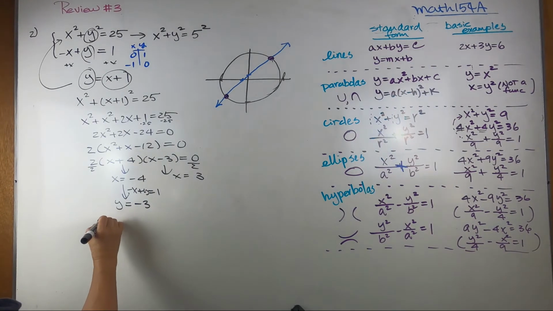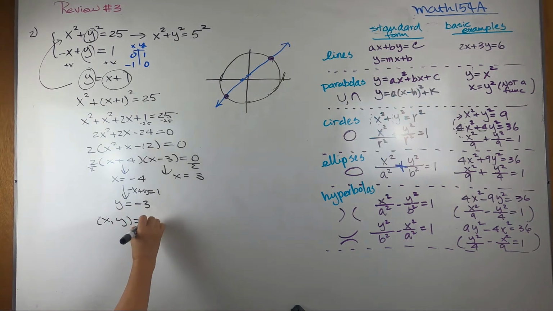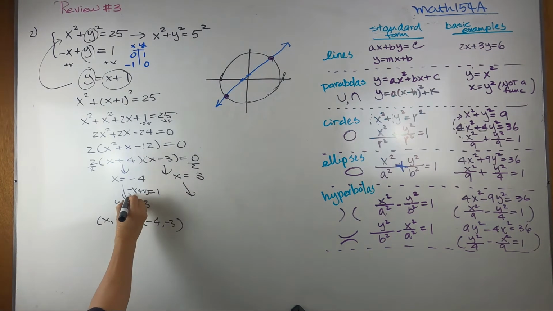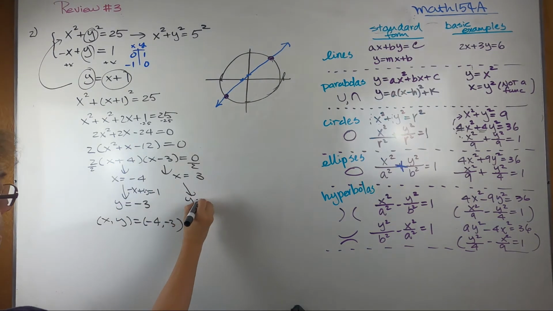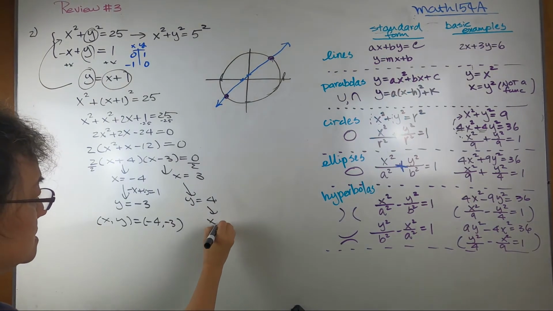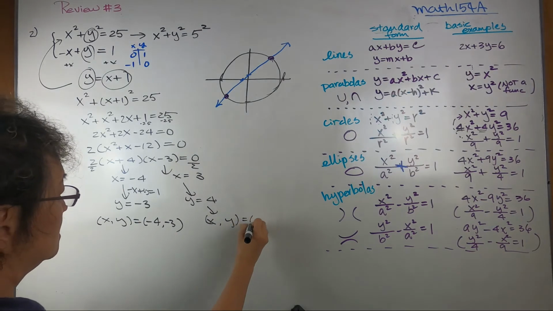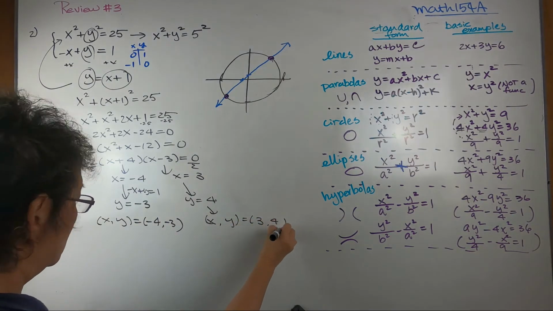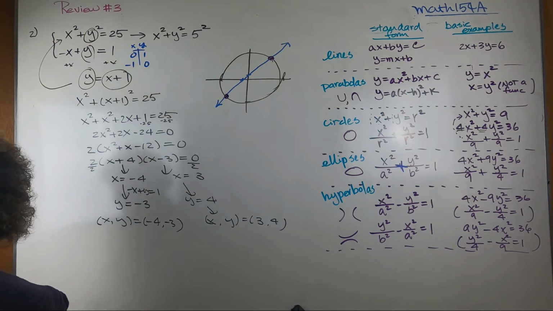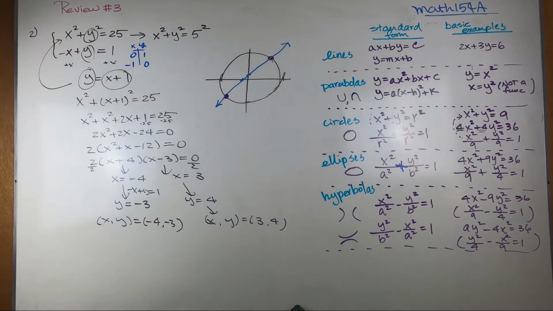So that means your x and y is -4 and -3, right? Then this one you plug in x equals 3, so y is 4. So this one will be x and y is 3 and 4. And let's take a look at the picture, see if it works.